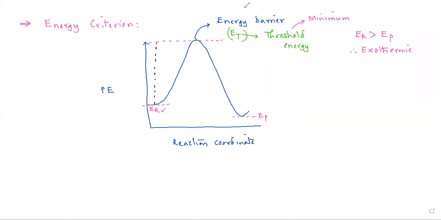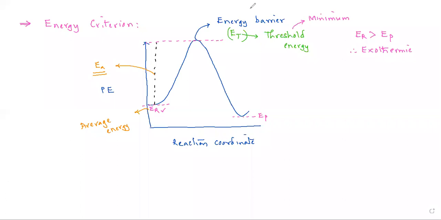Now, this extra energy which is to be given to the reactant molecules is called activation energy. And in general, the energy that is possessed by the reactant molecules or the normal colliding molecules is called average energy.